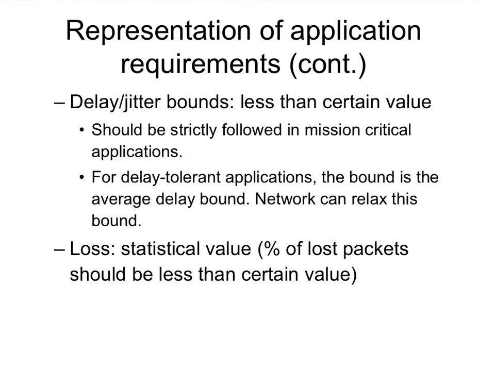So in other words, the application requirements are defined using what we call bounds. Bounds on each of these metrics: the bandwidth, delay, packet drop, and jitter. So the bound may be the maximum or minimum or average or both, right? So less than a certain bound should be strictly followed in mission critical applications.